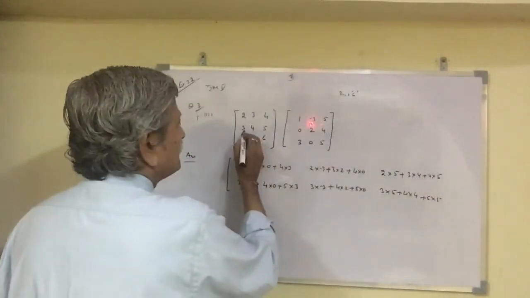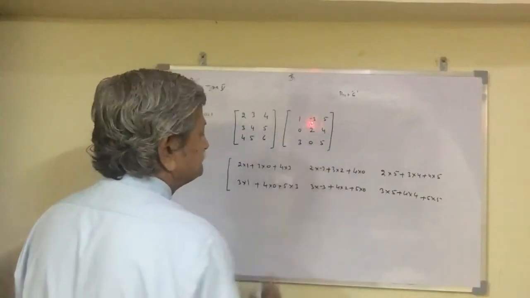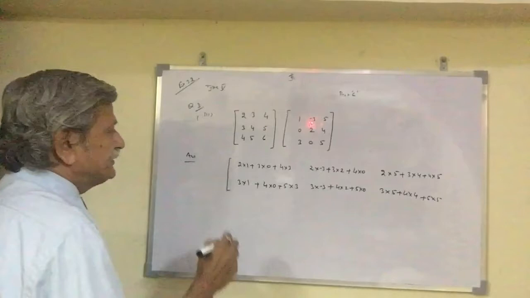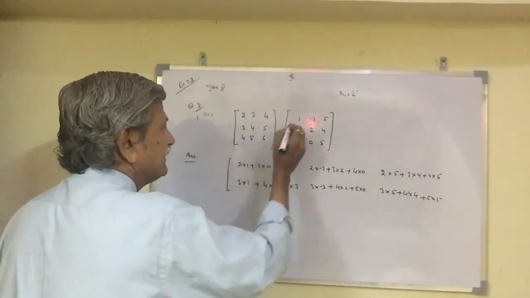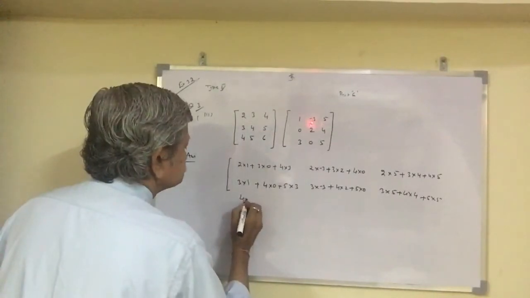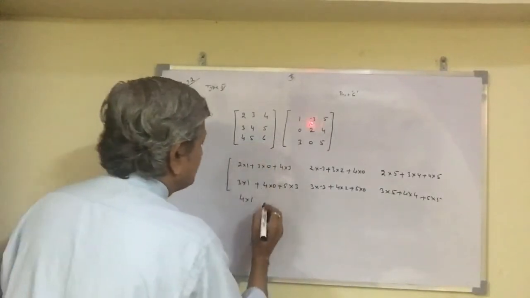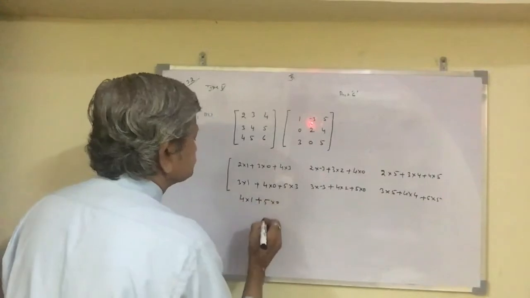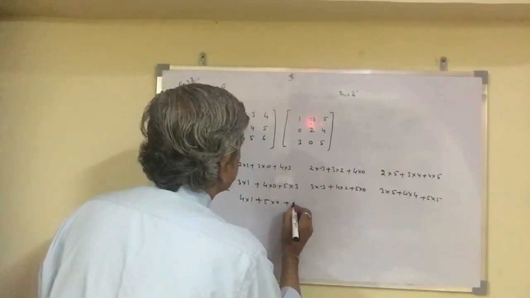Now the second row is completed, and then you choose the third row, then first column. So 4 into 1, then plus 5 into 0, then plus 6 into 3.